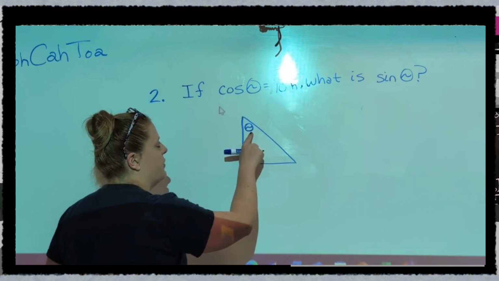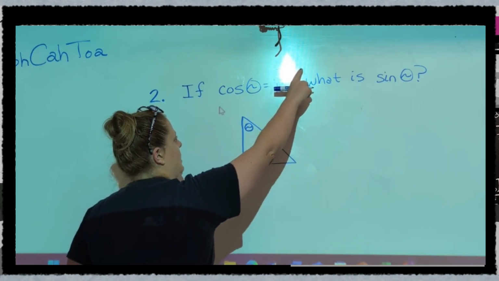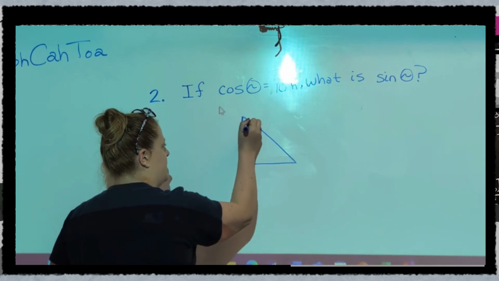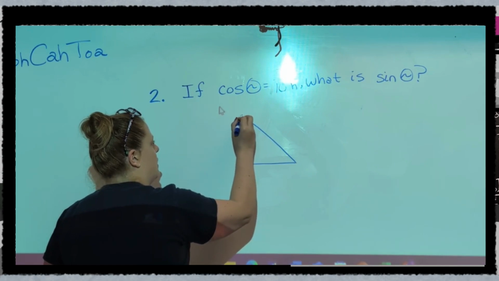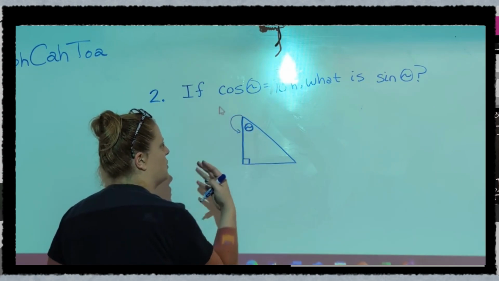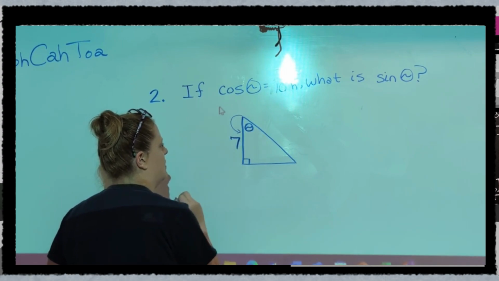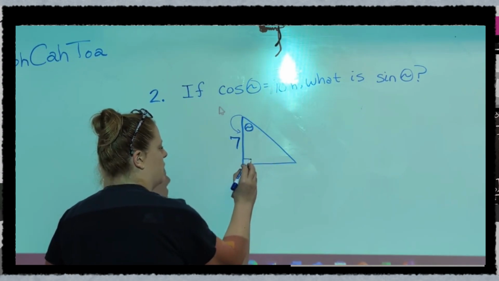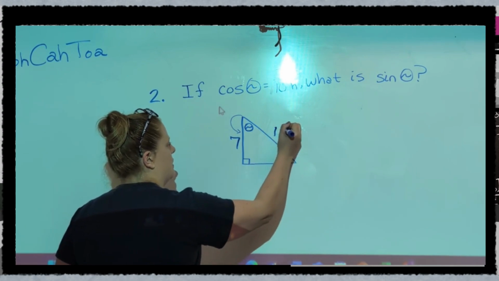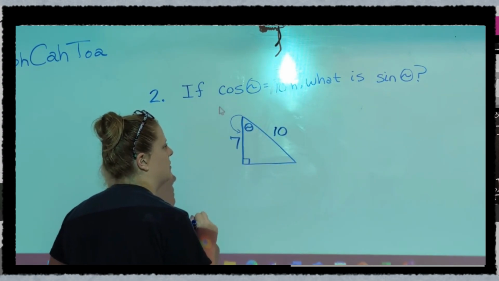So cosine of theta, adjacent to theta is this one right here. This is the one it touches, so this is a 7. Hypotenuse, across from the 90, is 10, okay?